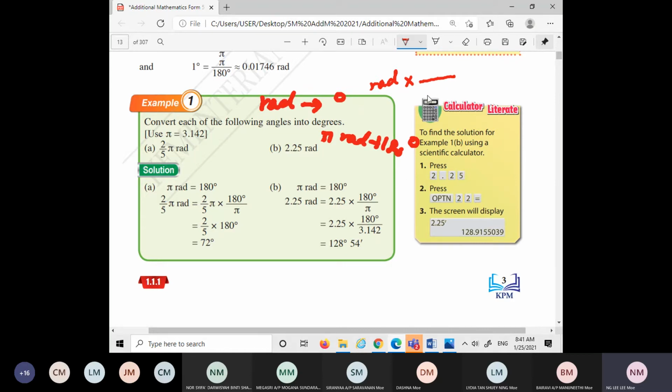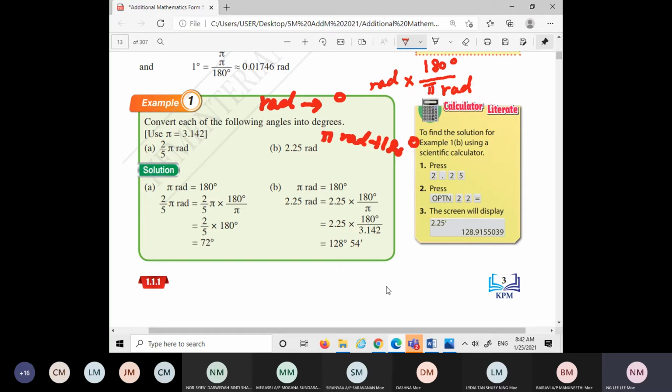Because these two are the same, when you cancel it means you actually do nothing. So if here is radian, then here must be radian and here must be degree. Therefore, this one will be 180 and this one will be pi.